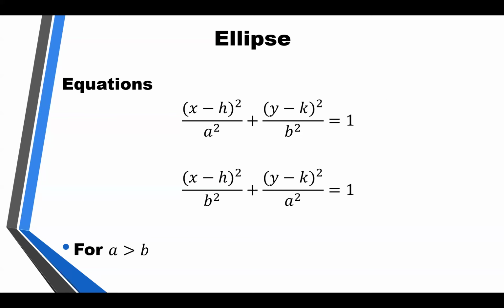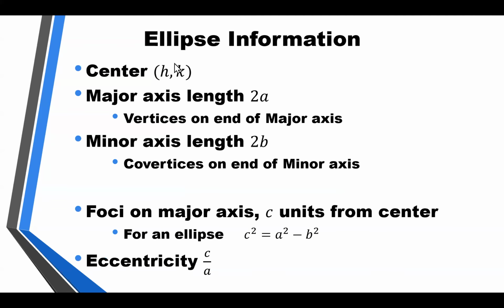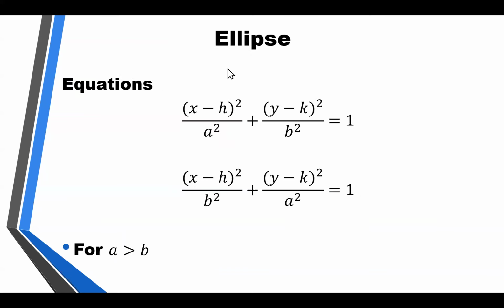Those are the types of problems we do for the ellipse. We're either going to start with one of these two equations and then find these informational pieces, these features, or we're going to start with these features, or at least some of those features, and find the equation.